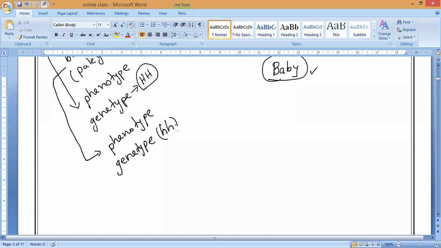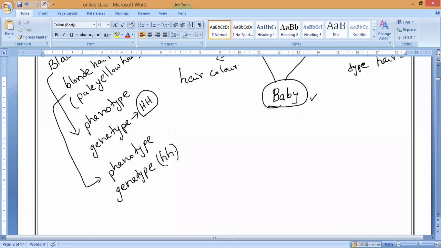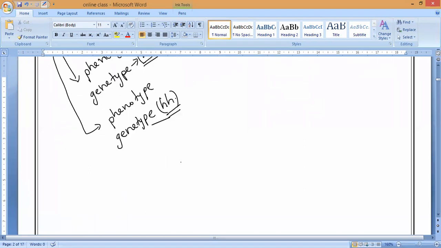Now, the genotype of the black hair is either capital H and capital H, or capital H and small h. So these are the two possible genotypes for black hair. But for blonde hair or pale yellow hair, the genotype is always small h and small h.